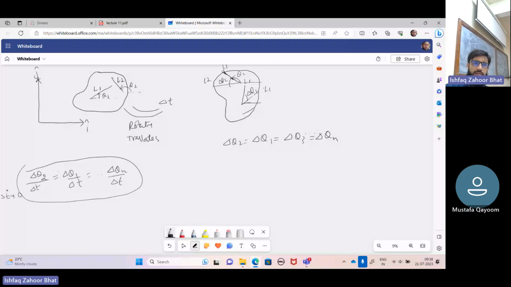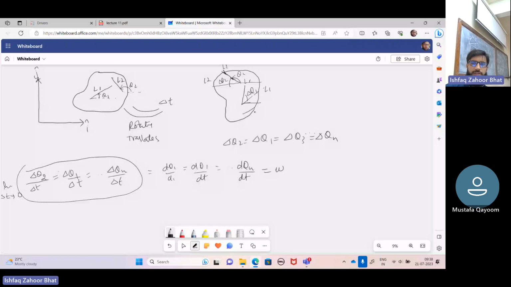And let us take this limit delta t tends to 0. So there is d theta 2 upon dt, d theta 1 upon dt, and so on, d theta n upon dt. And since this is constant for all the lines, we call this omega.